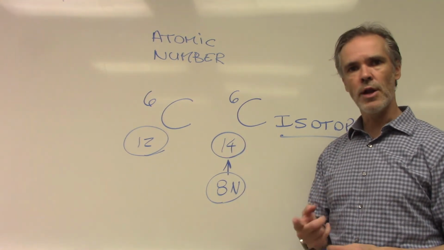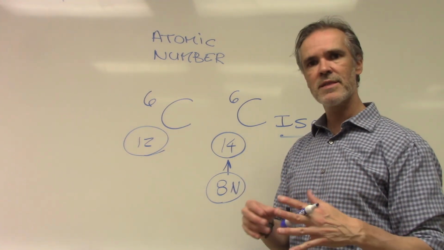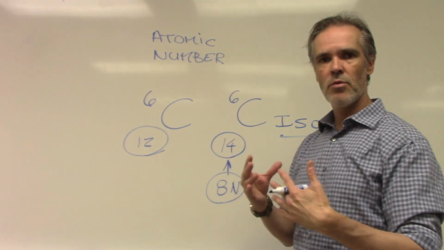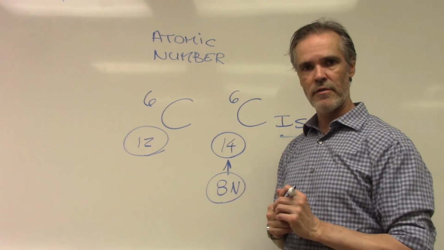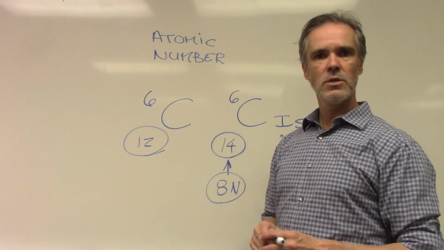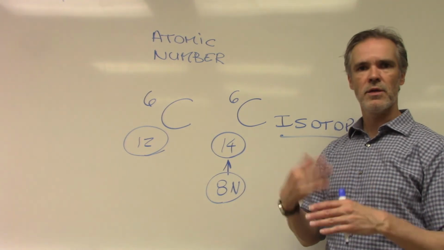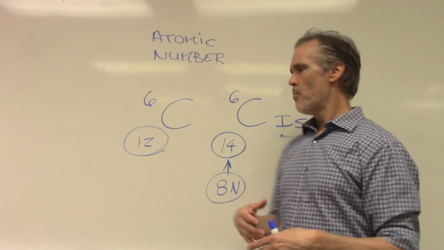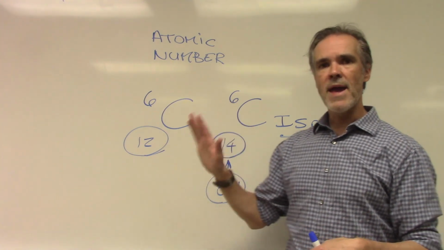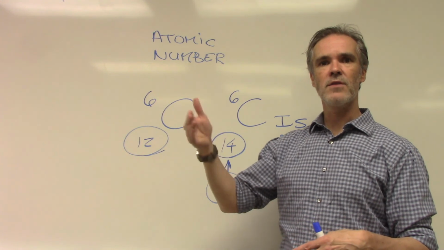Many isotopes, not all of them, but many isotopes are radioactive, which means that the nucleus is unstable. It will at some point try to go back to carbon-12. I'm not going to get into the details of this, but I just wanted you to know that because you will hear this over and over again, and now that you're aware of it. So isotopes. Many elements have different isotopes of them.